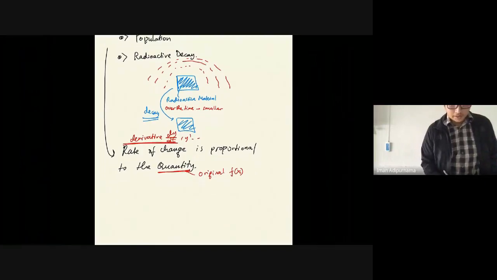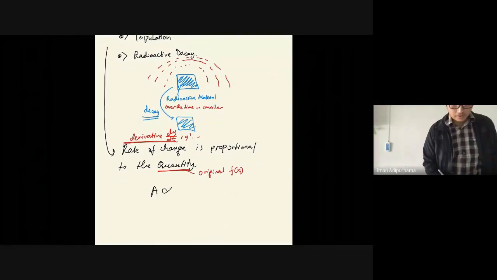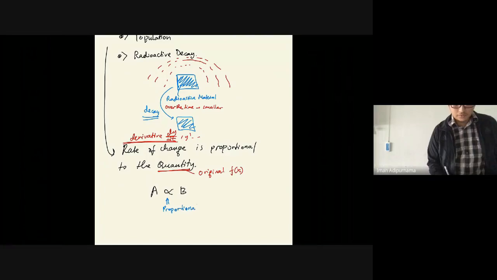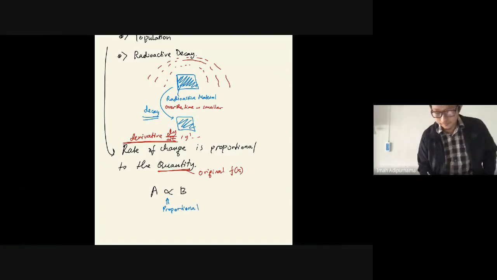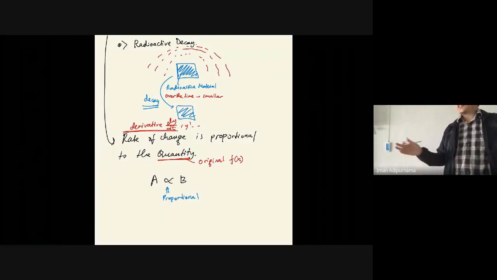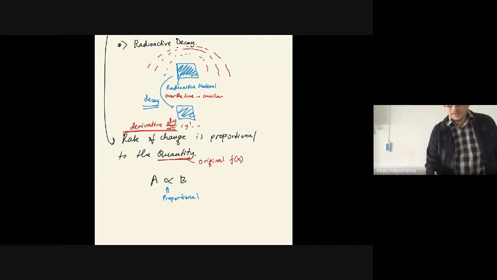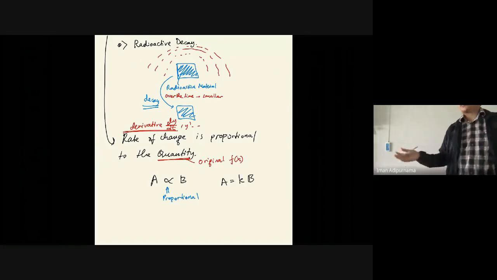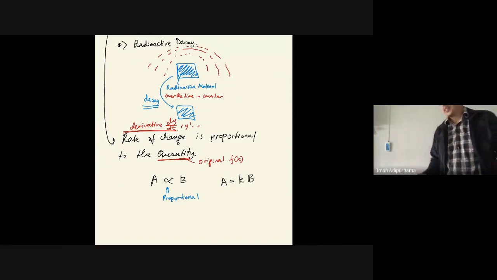We can write this as: A is proportional to B. In physics or chemistry, you always see this proportion: A equals kB, so having some k.